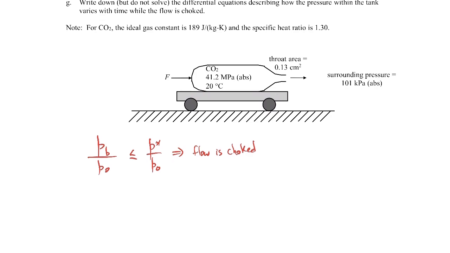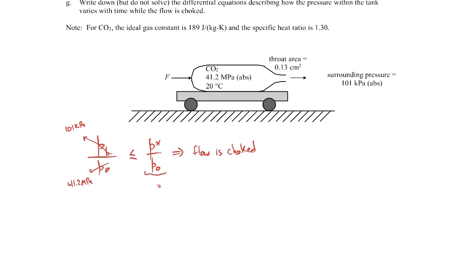So our back pressure here is going to be the 101 kilopascals. We're doing everything in terms of absolute pressure. P naught is the 41.2 megapascals. The P star over P naught, since we're dealing with CO2, we have to actually do the calculation to find out what that ratio is.